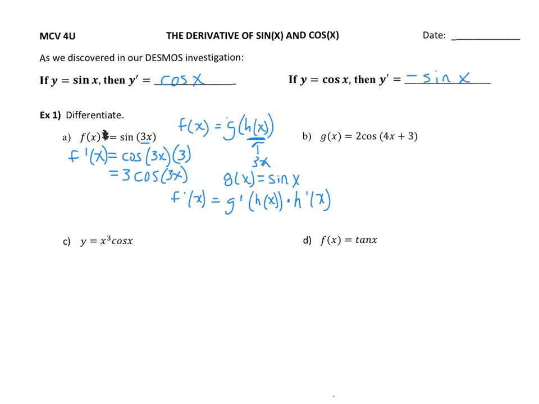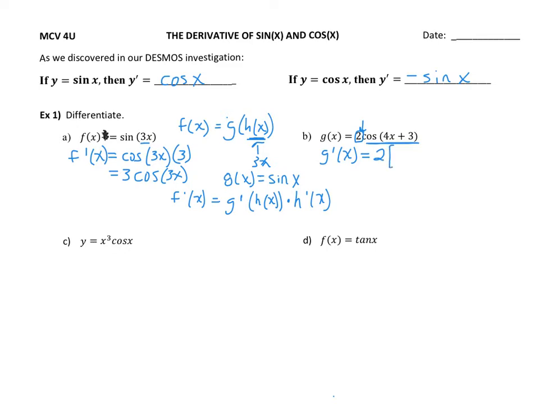All right, the second one here, I have a constant out front. So when I take the derivative, I can just look at the derivative of this piece, the cos of 4x plus 3, and just multiply it by that constant. And again, we have the chain rule happening here. My outer function is cos x, and my inner function is 4x plus 3. So for the derivative of the outer function, I'm just going to keep that constant 2 out there.